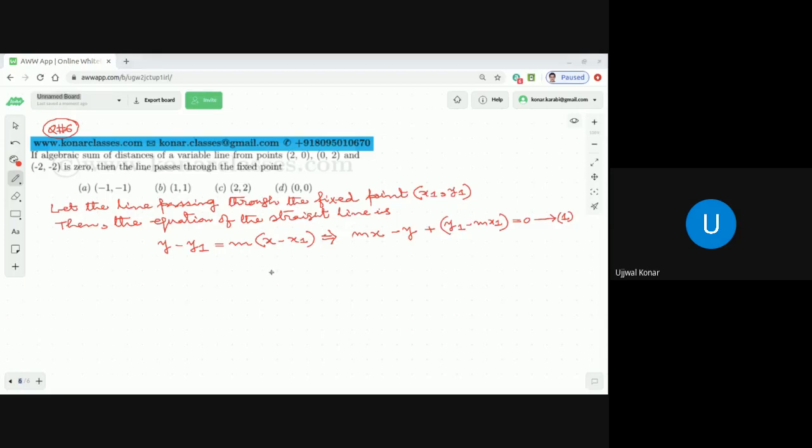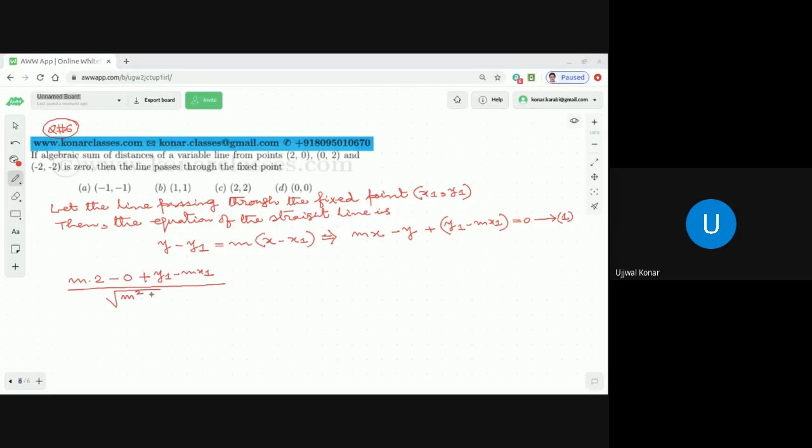Now its distance from the point (2, 0) will be: m into 2 minus 0 plus y1 minus m into x1, divided by square root of 1 plus m square, that is m square plus 1, actually coefficient of x square plus coefficient of y square.